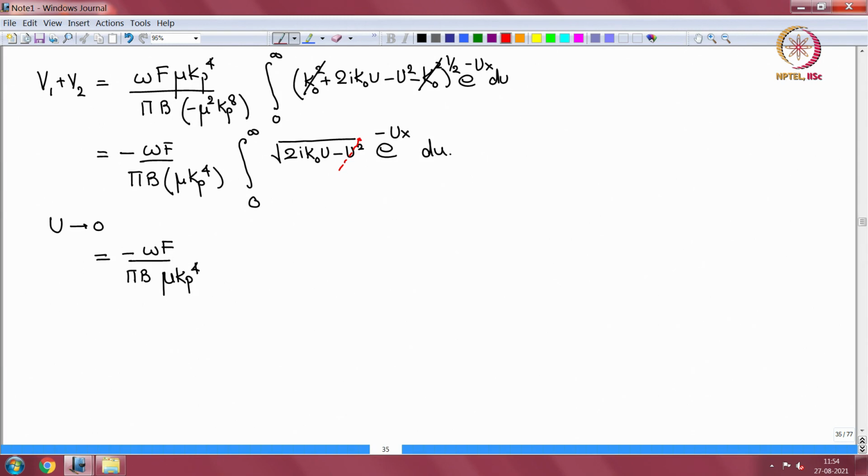Then I will get, outside, square root of 2k0, and inside, integral 0 to infinity of iu to the power half, e to the power of minus ux du.